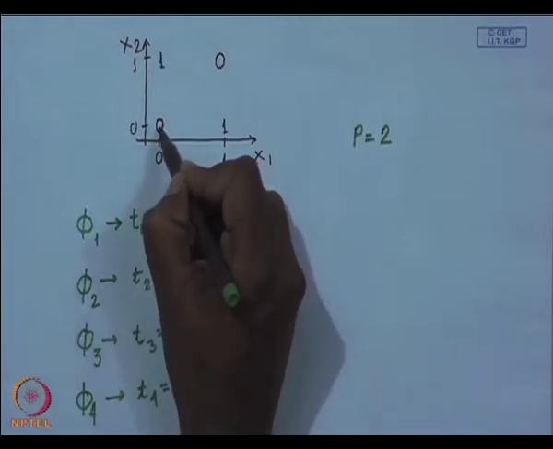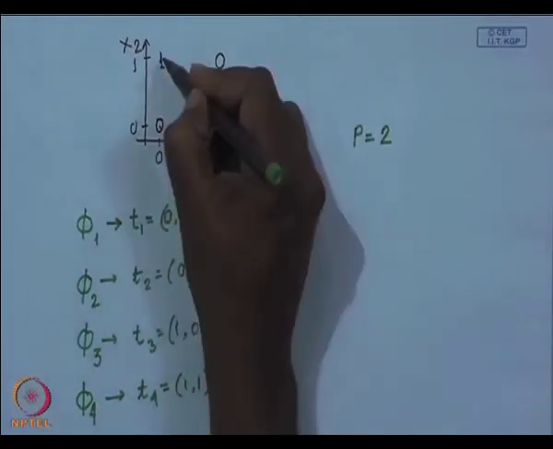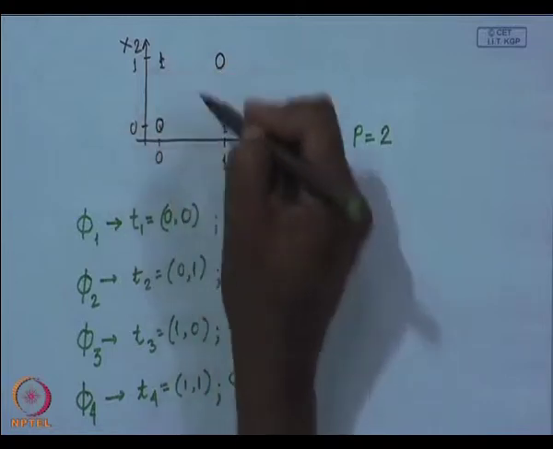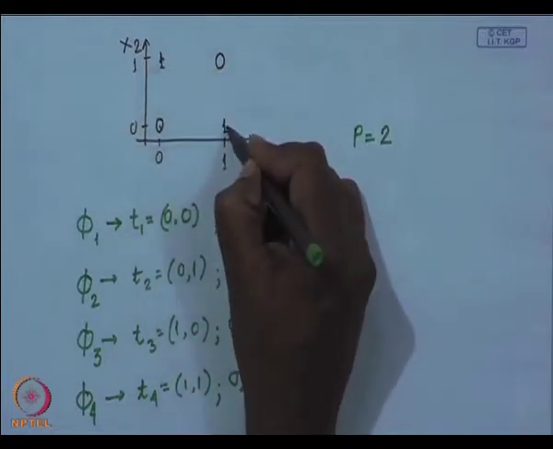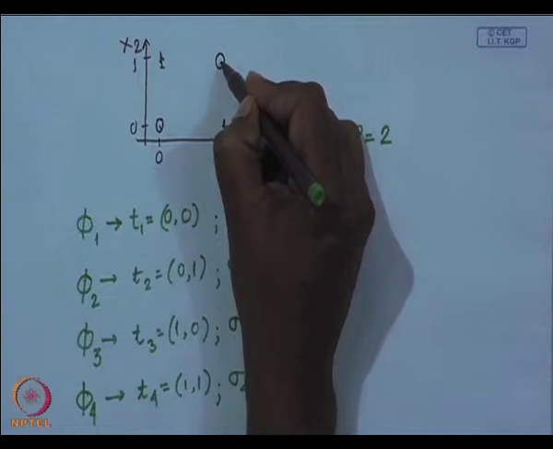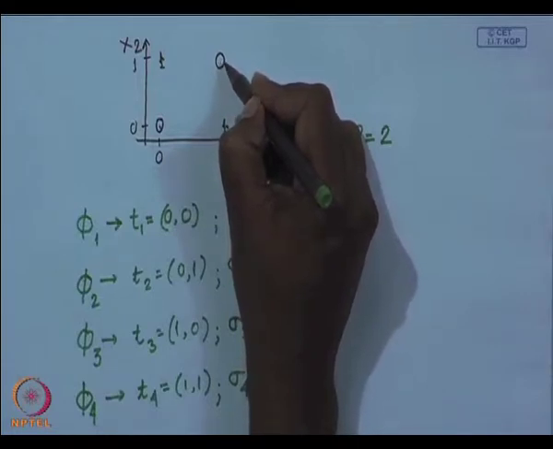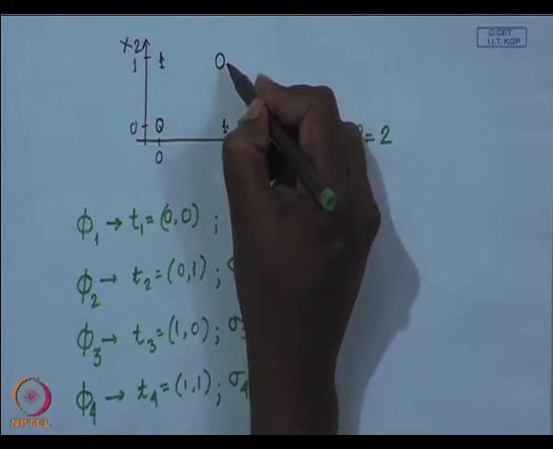I have a receptor over here which is T 1, T 2 is at a distance 1, T 3 is at a distance 1, but T 4 is at a distance of square root of 2, which is 1.414.